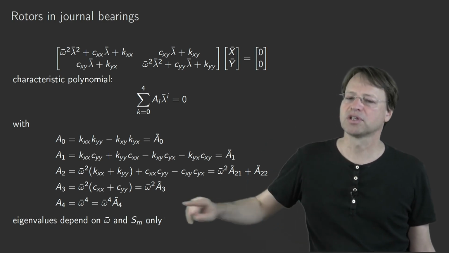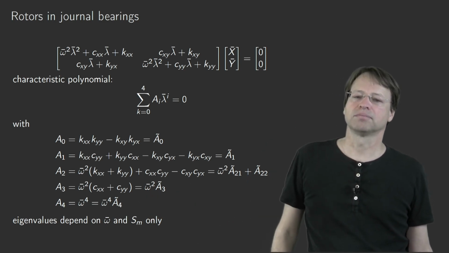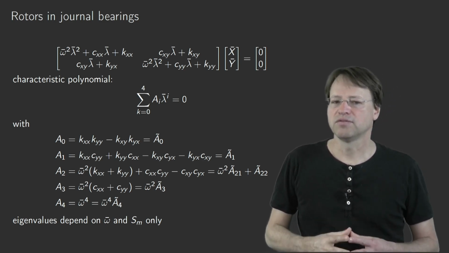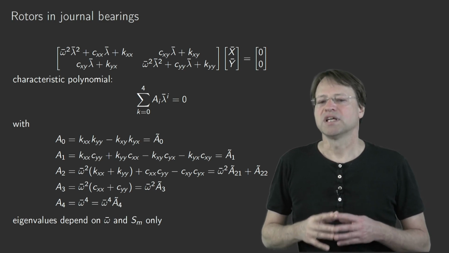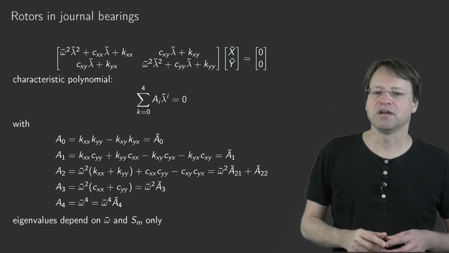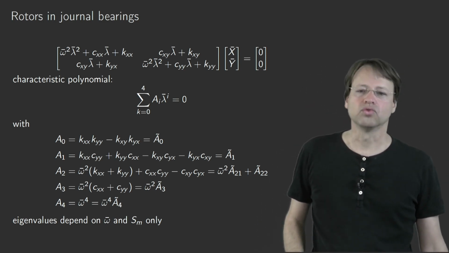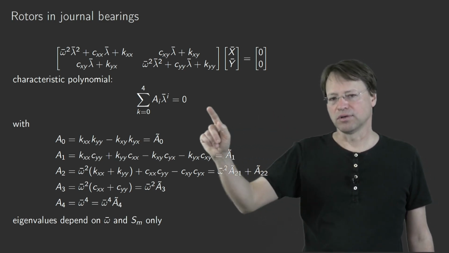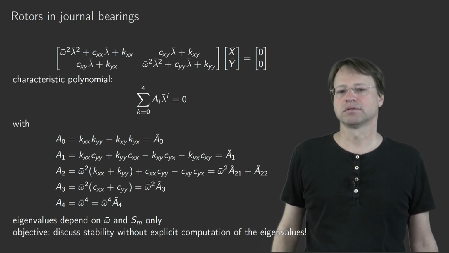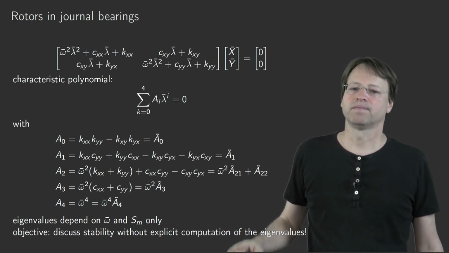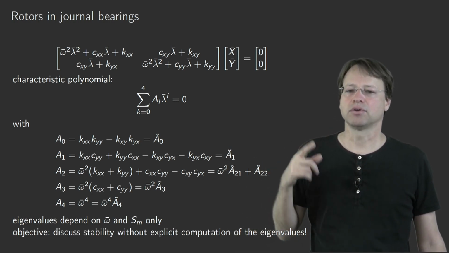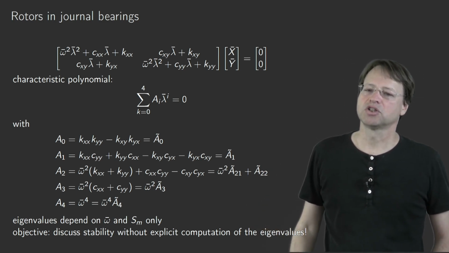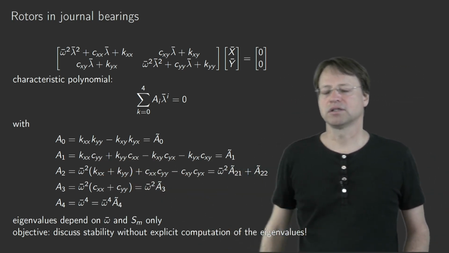And we would like to study the influence of certain parameters here. That's analytically infeasible. What would help us would be if we are able to draw some conclusions just on the sign of the real part of the eigenvalues, not by solving the characteristic polynomial, but by studying just the coefficients of that characteristic polynomial.